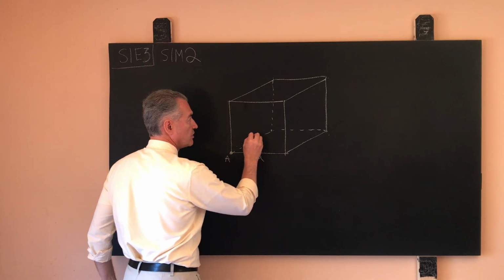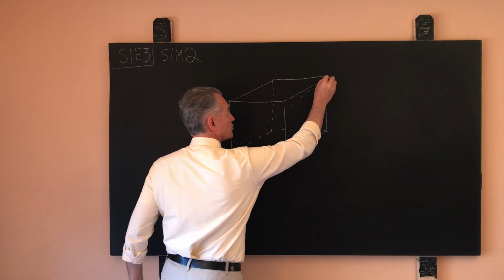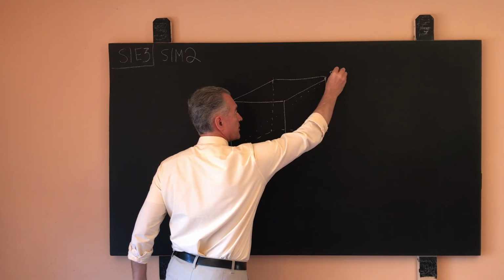Diametrically means all the way across over here. Let's say we'll name this vertex B.